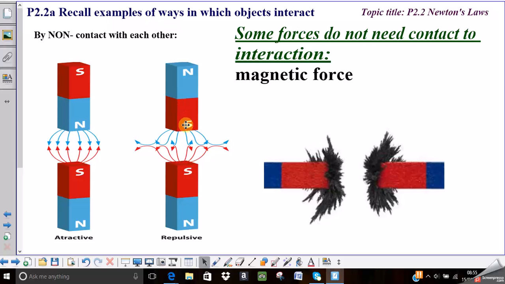And for example, if we have south and south, they will repel each other. As you can see here, this magnetic force is a non-contact force, it doesn't need contact to happen. Here it is attracting some iron filings just by being around this magnet, not necessarily in direct contact with it.